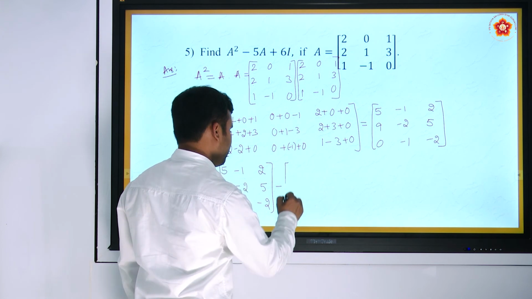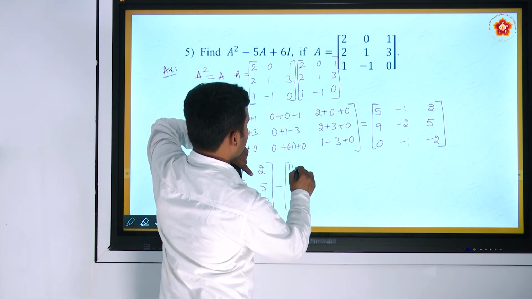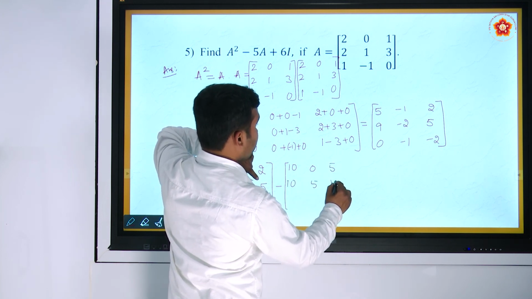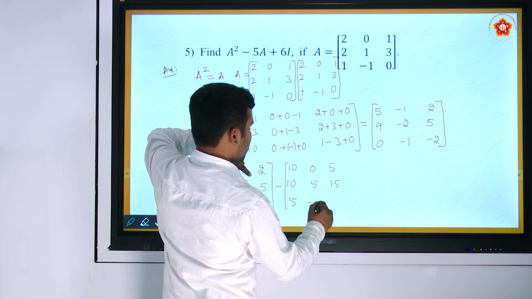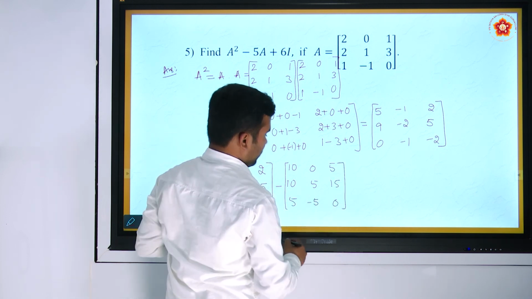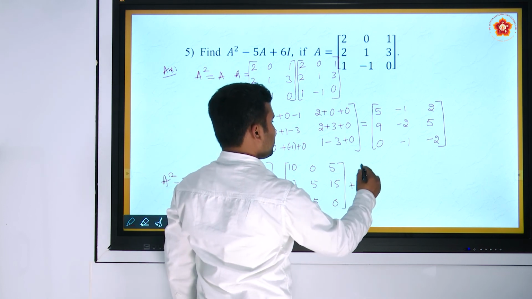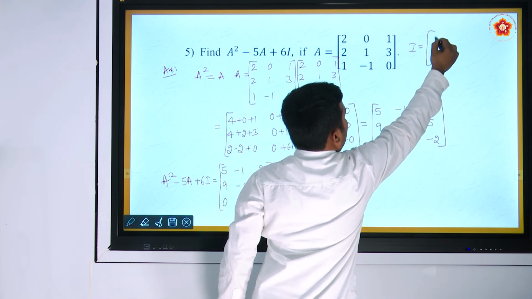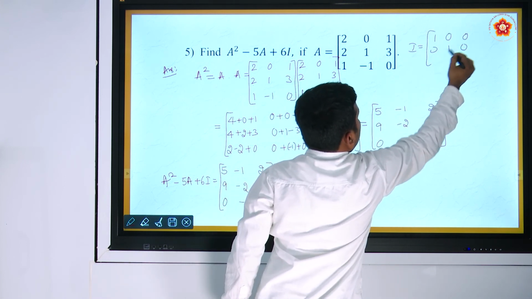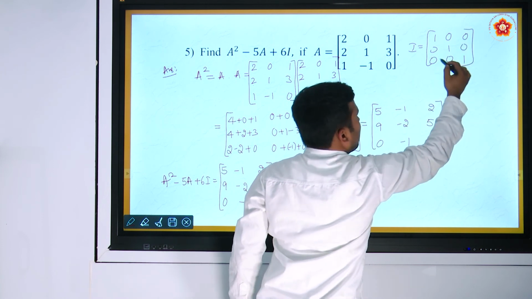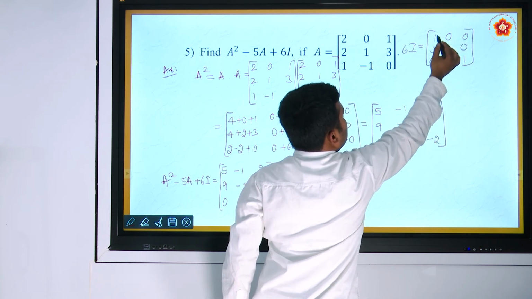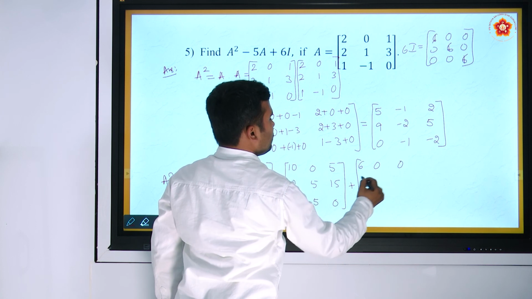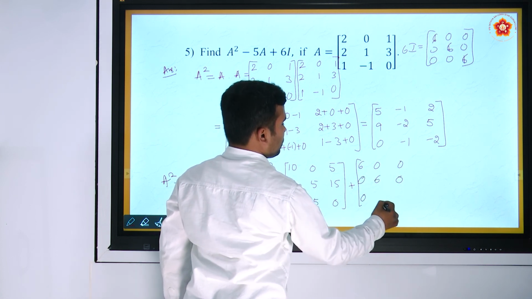So that is 5 into 2, 5 into 0, 5 into 1, 5 into 2, 5 into 1, 5 into 3, 5 into 1, 5 into minus 1, 5 into 0, plus 6I. 6I in the sense, I is [1, 0, 0; 0, 1, 0; 0, 0, 1], and 6I will be 6 0 0, 0 6 0, 0 0 6.